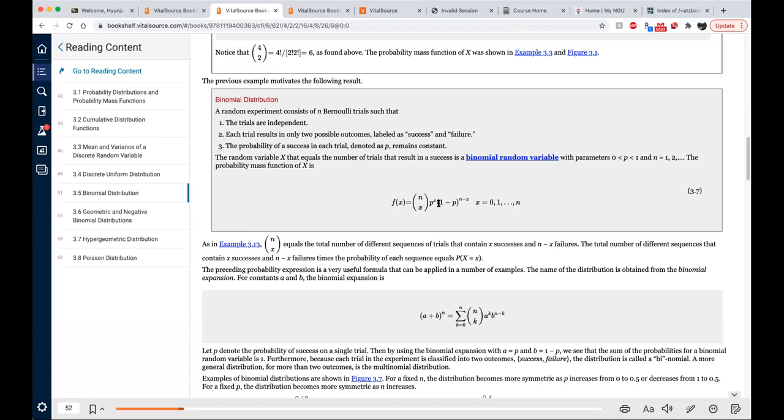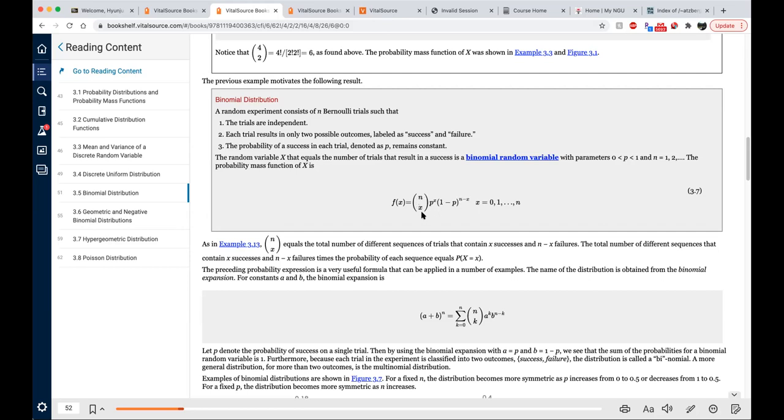You may understand that p to the x power makes sense, since we want to figure out the probability that we get that many successes. And 1 minus p represents the probability of failure. How many failures are we going to get out of n trials? n minus x times. So 1 minus p to the n minus x.